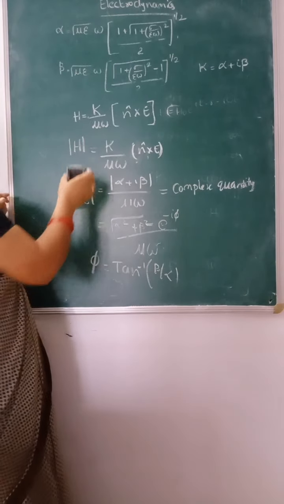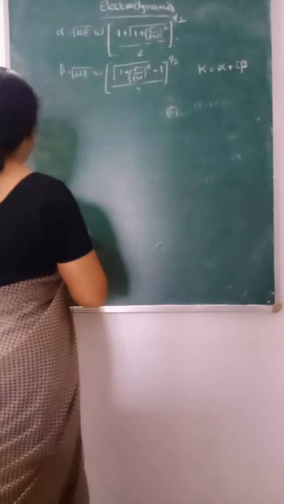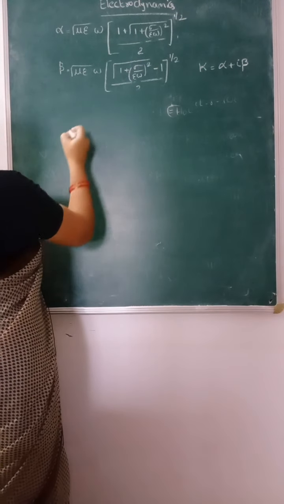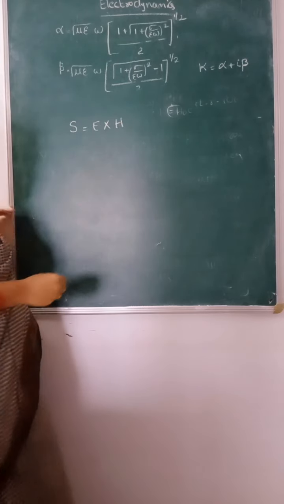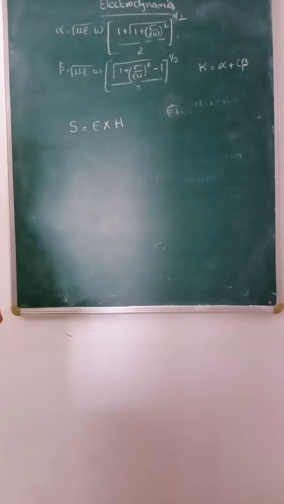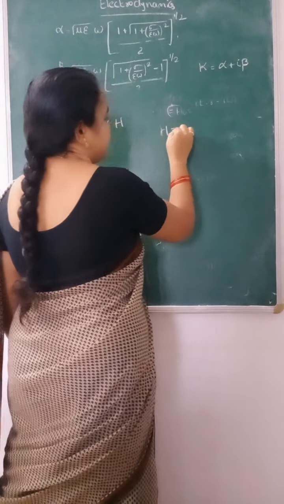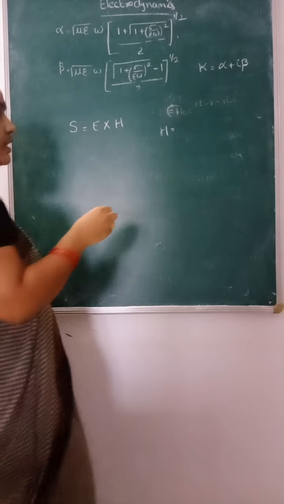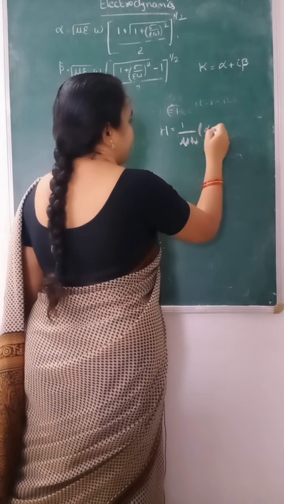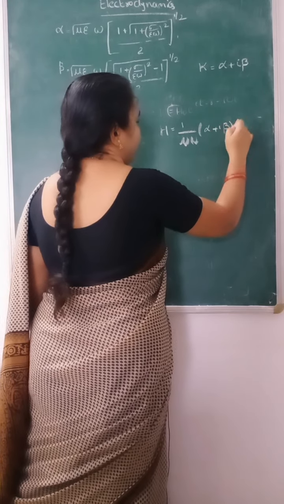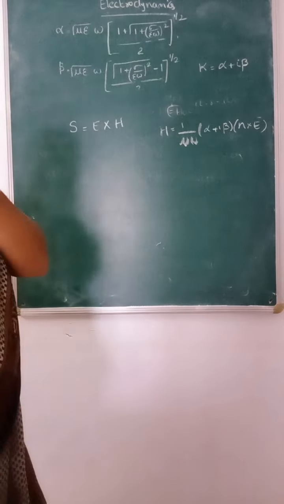Next quantity we should calculate is the Poynting vector. The Poynting vector, we already know, S is equal to E cross H. H we have already calculated. H is equal to 1 by mu omega, alpha plus i beta, into n cross E, as we studied in the previous session.